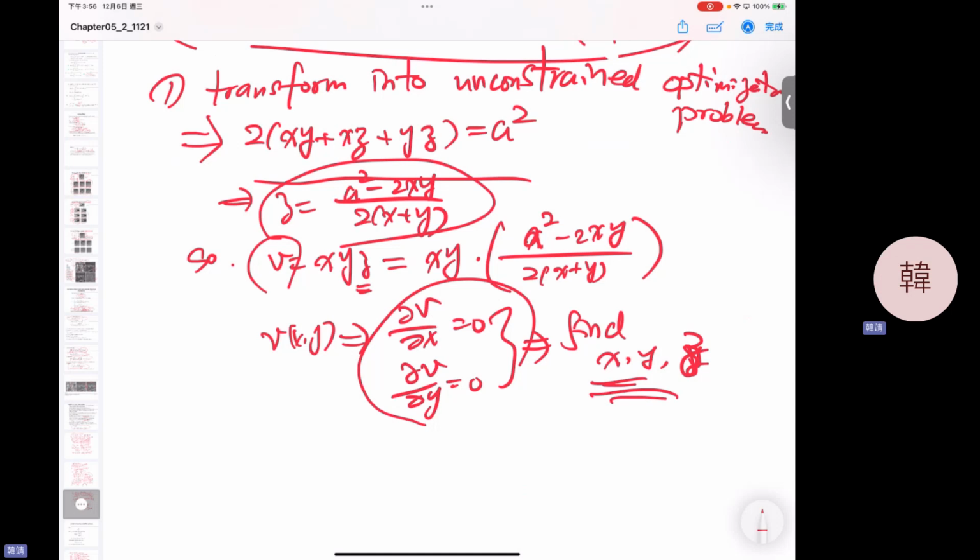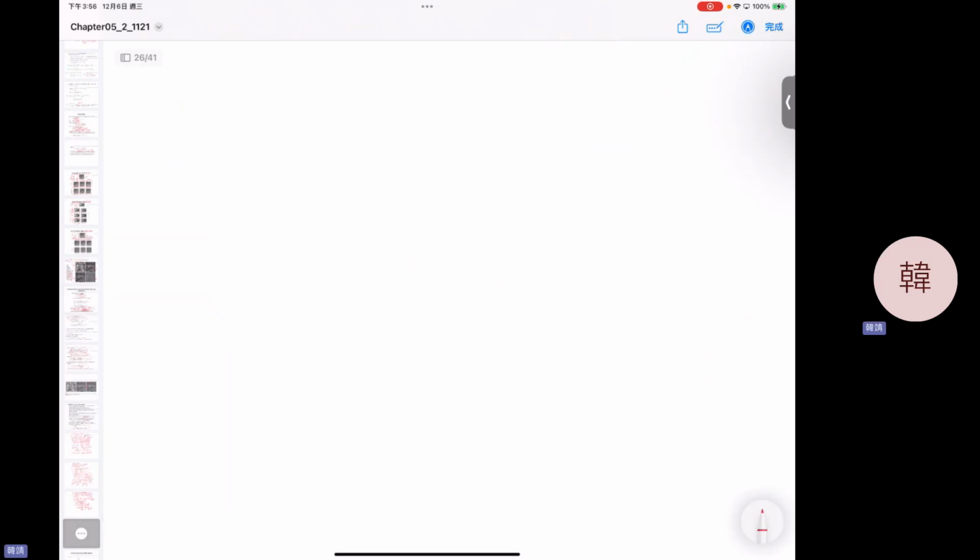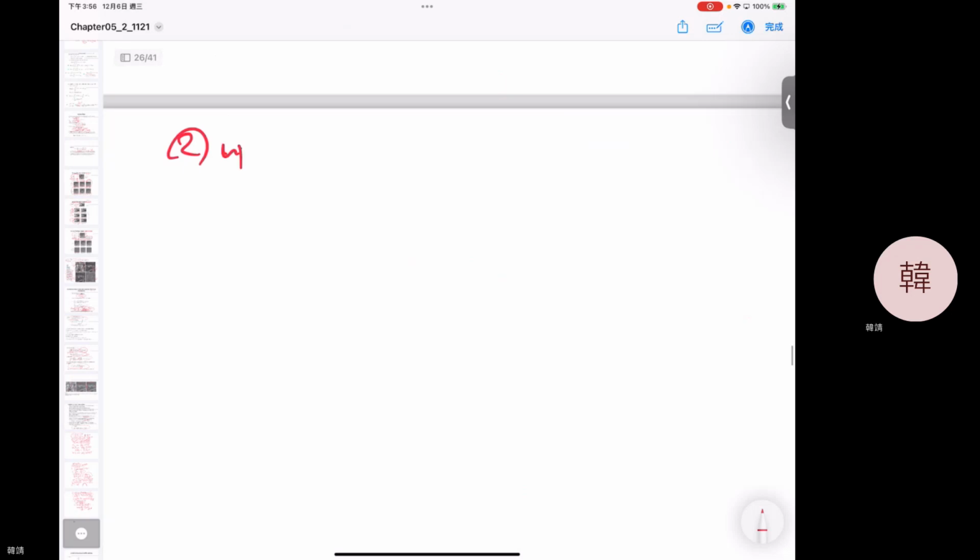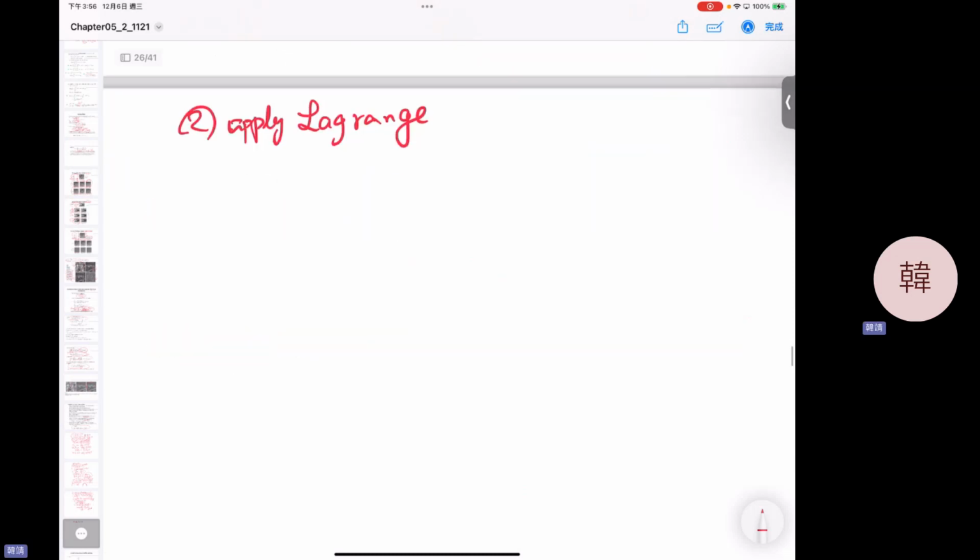Now the second approach: you are not going to transform your constrained problem into an unconstrained one. You apply the Lagrange multiplier.